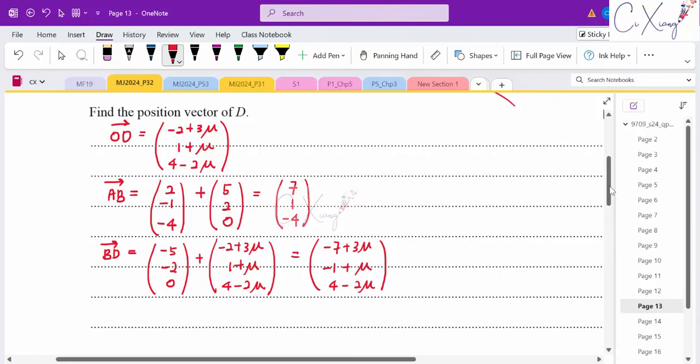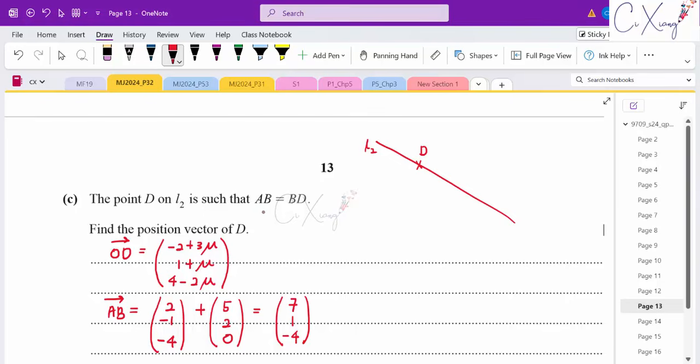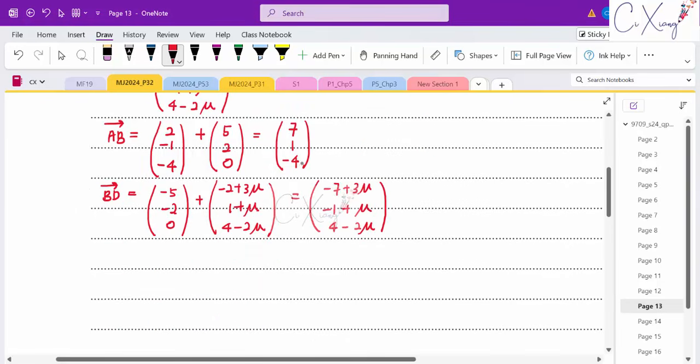All right. Now we are trying to use the information provided in the question to get the position vector of D. They say the length of AB equals the length of BD. That means the modulus of AB equals the modulus of BD. So what is the modulus of AB? This basically means the length, yeah?